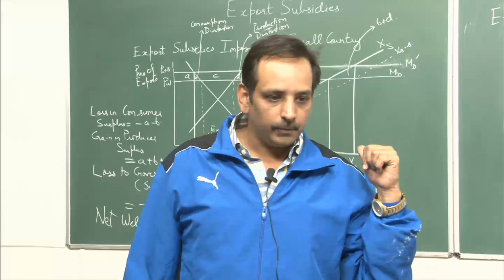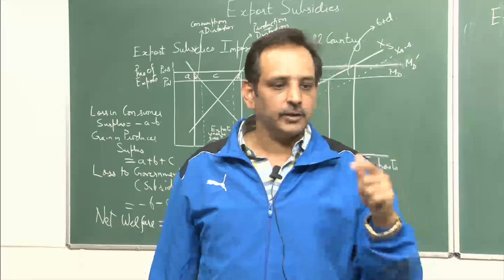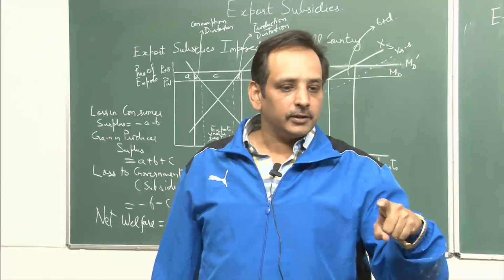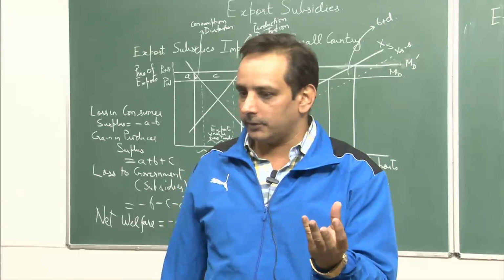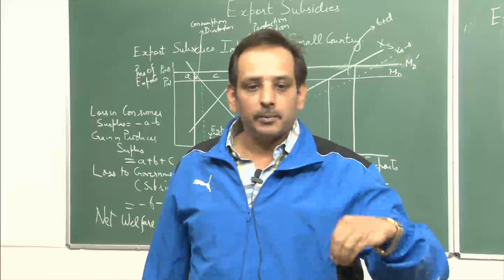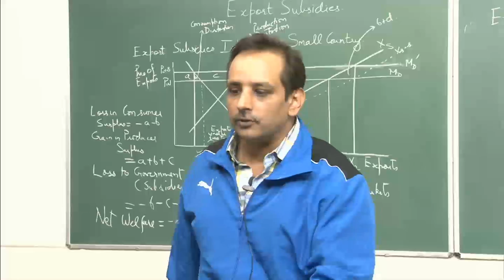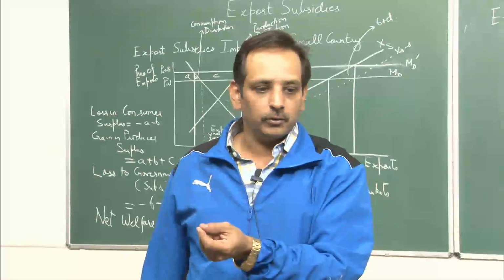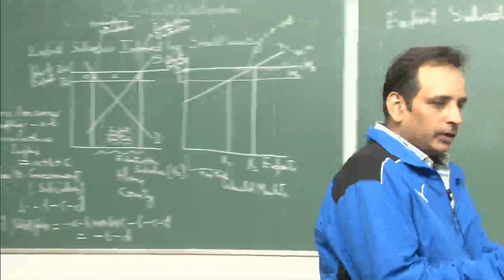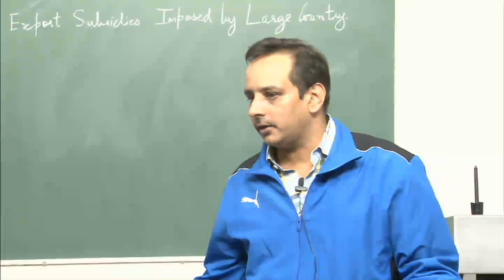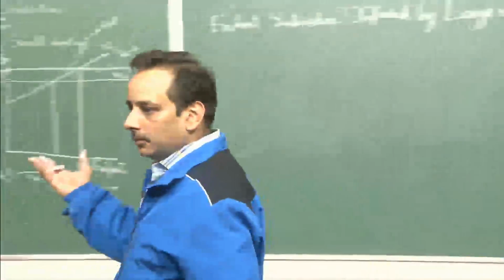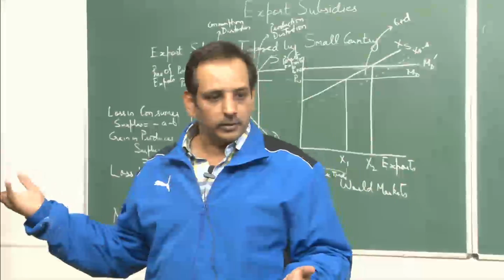Now here, when you give production subsidies, the price that they will receive is PW plus S, but the price that they will charge to the consumers will only be PW, because whatever they produce, they can either sell it domestically or export it.